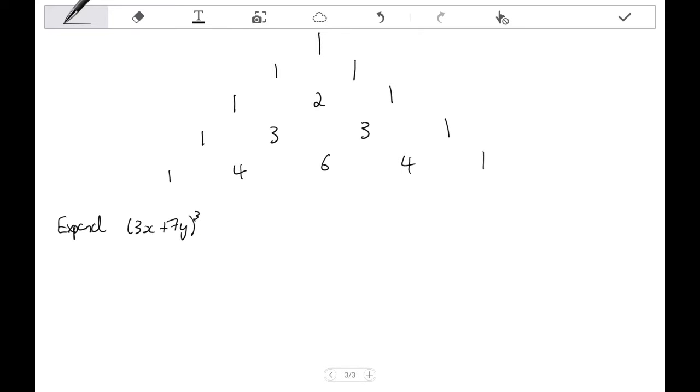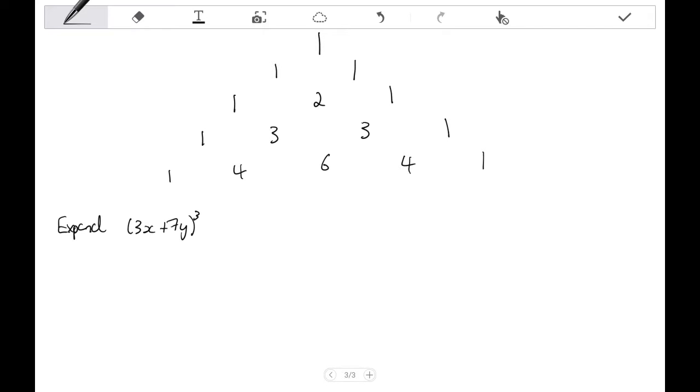If that is confusing for you, there's a really simple way of getting this right. The power will always be the second number in the row. So if it was to the power of 1, the second number in this one, right, power 3, the row needs to be the row with the second number 3. So has this got second number 3? No, no, no. Right, this row here, the second number is 3.